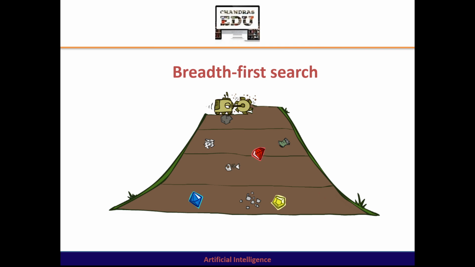If the solution is not present, it will go to the next level and search breadth wise to find the solution. So that's how the breadth first search works. It will cover the breadth, and if the solution is not there, it will go to the next level and check all the breadth. And next, if the solution is not there, it will search the next level.